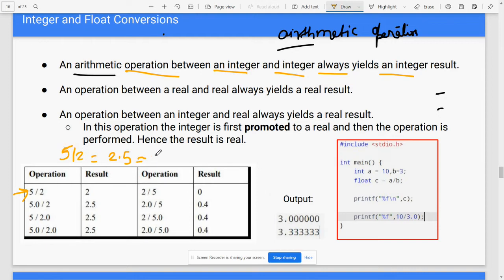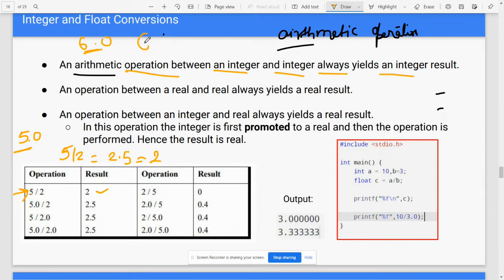It will give you 2 here. That's why the result is 2. But if you write 5.0, this is now a float. Float is something which has a decimal component, even if it is 0. So 6.0 is a float, or you can say a real value in terms of C programming.